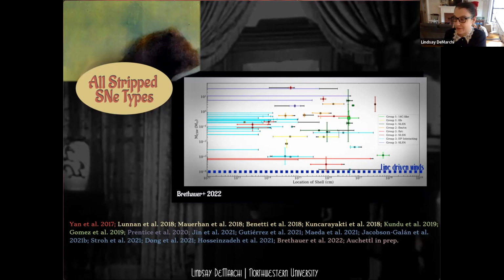What Daniel Breithauer did with his plot was take evidence of this happening from all over the field and map out at what location from the star this is happening and how much mass was deposited in that CSM. What you come to find is that all types of supernovae do this. It ranges from type Ibc, type IIb, to superluminous supernovae. All stripped envelope supernovae seem to encounter material in their CSM.